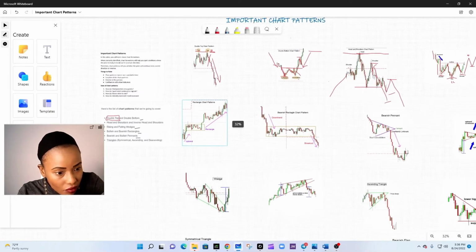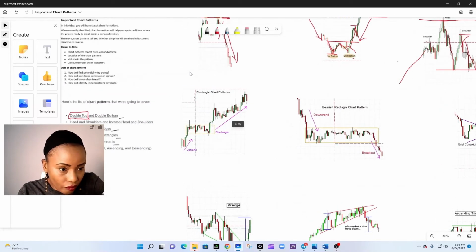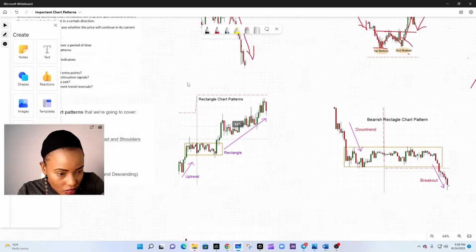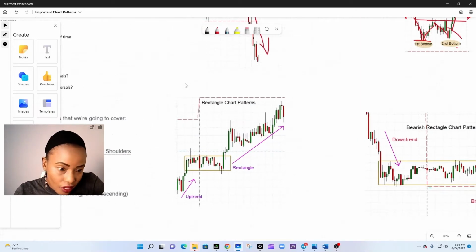So we have our rectangle chart pattern. A rectangle chart pattern in most cases exhibits consolidation, and in most cases a rectangle chart pattern appears in the middle of a trend.